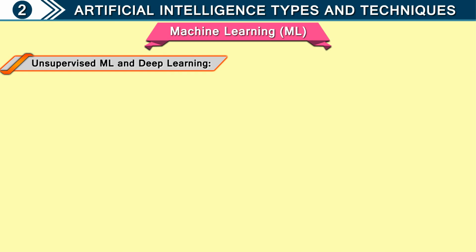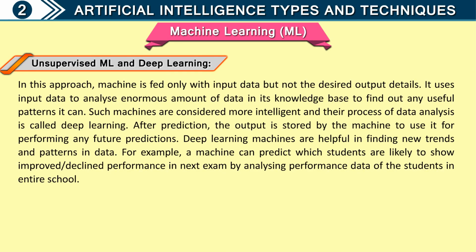Unsupervised ML and deep learning. In this approach, the machine is fed only with input data but not the desired output details. It uses input data to analyze an enormous amount of data in its knowledge base to find out any useful patterns it can. Such machines are considered more intelligent and their process of data analysis is called deep learning.